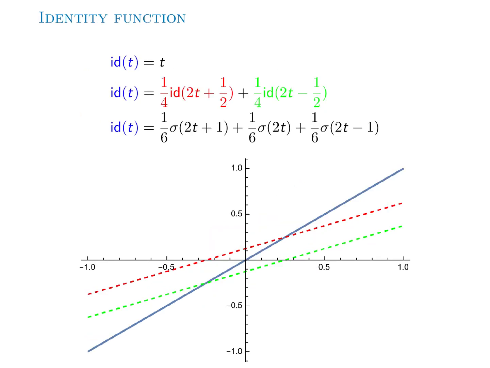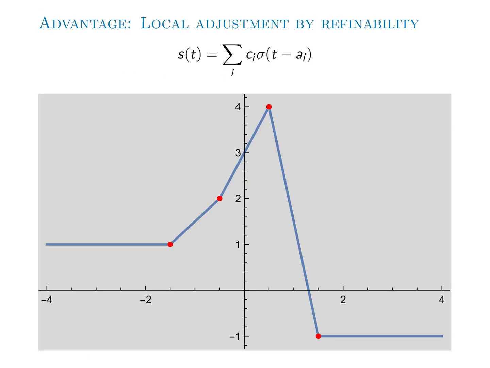To give an additional example, just to highlight, the classical identity function that is very often used as an activation function fulfills the refinability property, and in fact it fulfills it in many ways, that is, with many possible linear combinations.